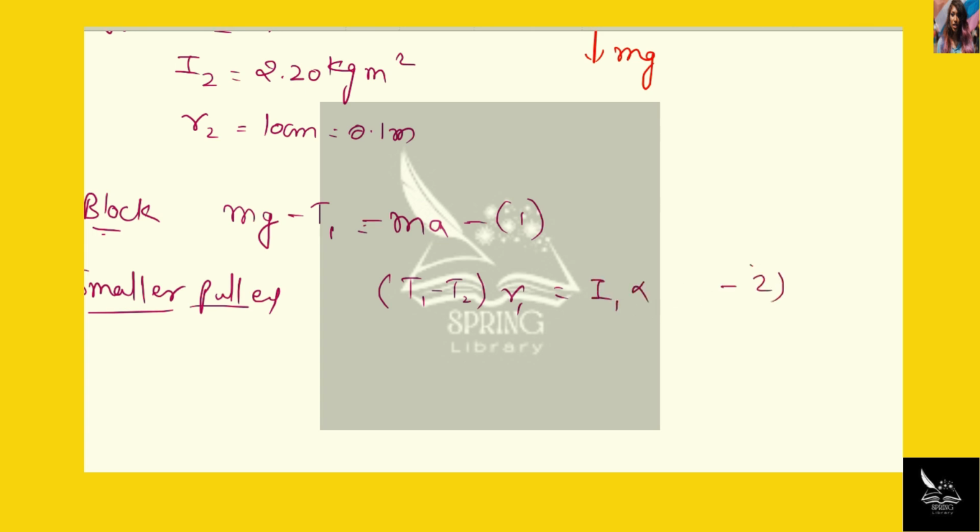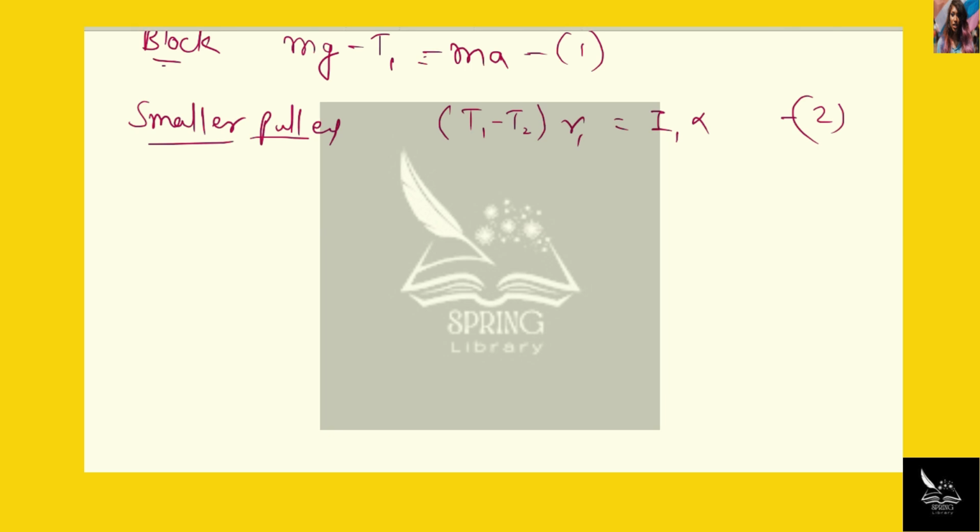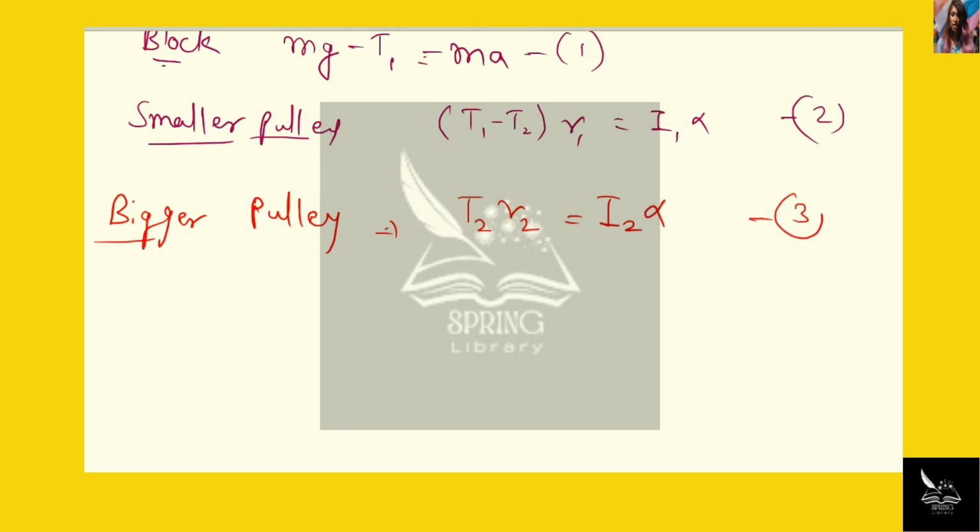This is our equation 2. And for the bigger pulley I can write that net torque for this pulley is T2 into R2, which equals I2 into alpha. This is our equation 3.